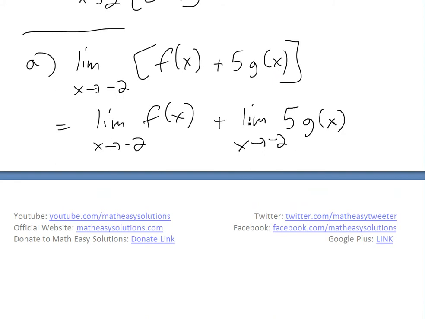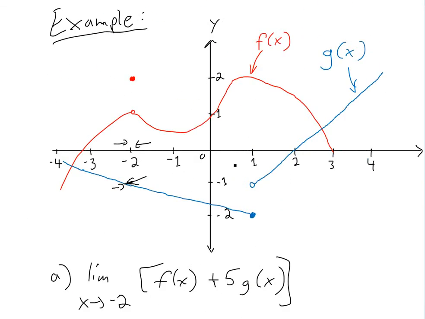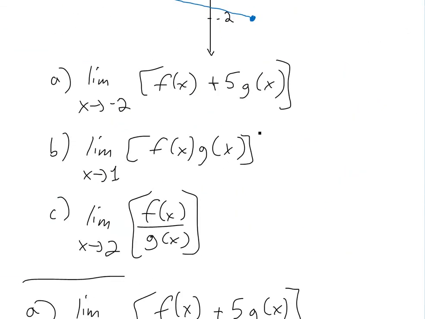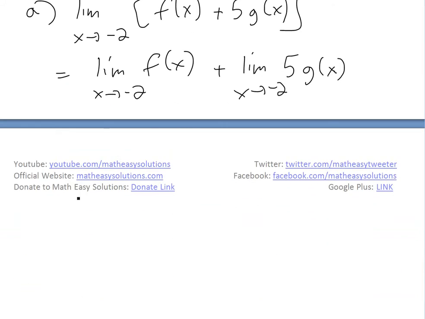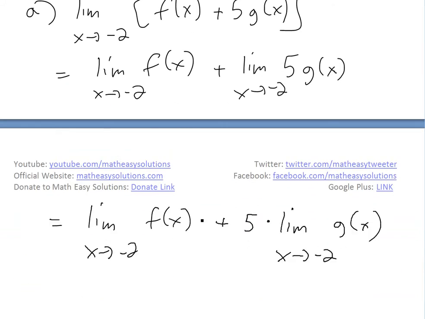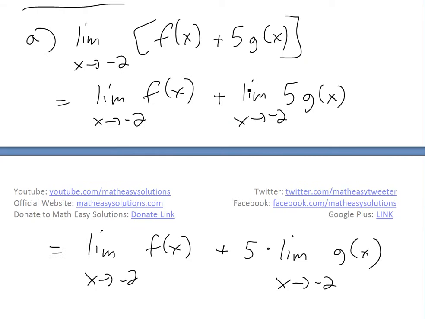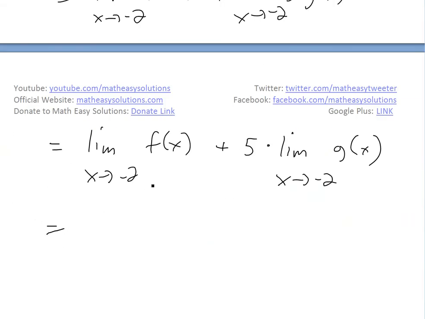Then using the constant multiple law, you take the constant 5 out of the limit of g(x). Like I stated before, the limit of f(x) as x approaches -2 is 1, and g(x) is approaching -1 right here. So we plug those values in and we'll get our answer. This one is 1 plus 5 times the limit of g(x).